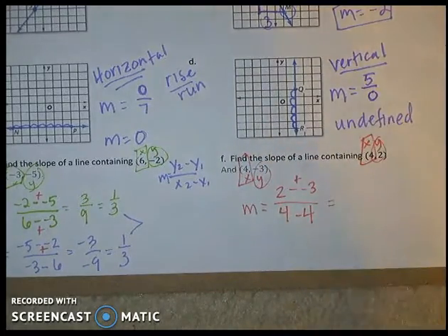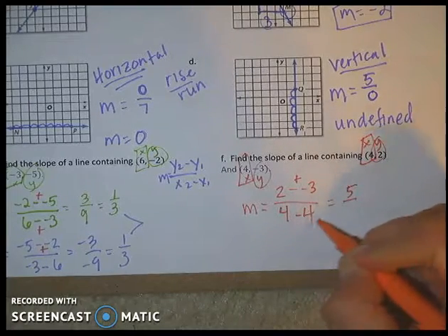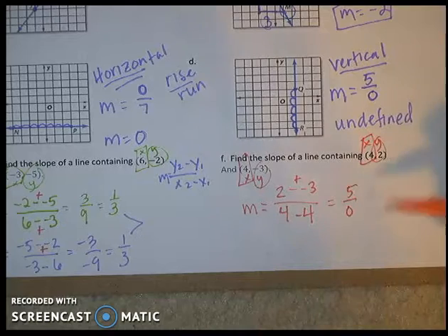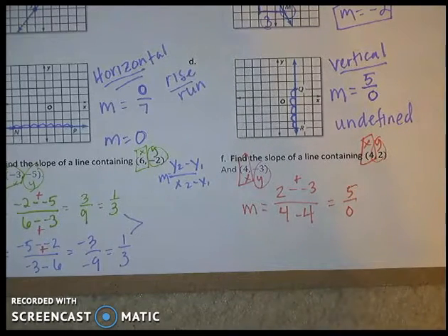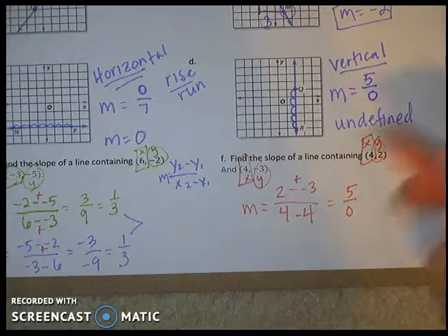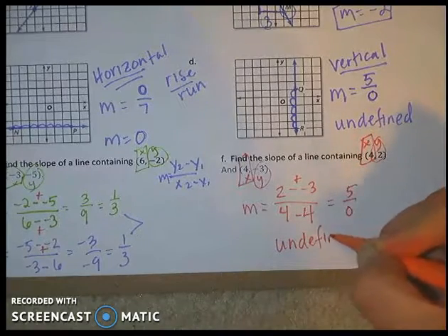Remember, minus a minus is a plus, so 2 plus 3 is 5. 4 minus 4 is 0, so what does that tell us? Well, remember, I can't divide by 0, so when I look at this, I know that the slope of this line is undefined.